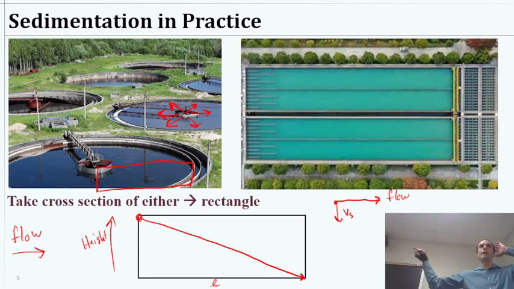So we're just taking one radius and taking it vertically upwards. And so we're making a rectangular cross-sectional area that's going to give us the exact same type of rectangle from a circular system. Okay, so that simplifies our math, because again, it just comes down to very, very simple physics of how long does it take for the particle to reach the end, and does it hit the bottom first? Okay, does that make sense?